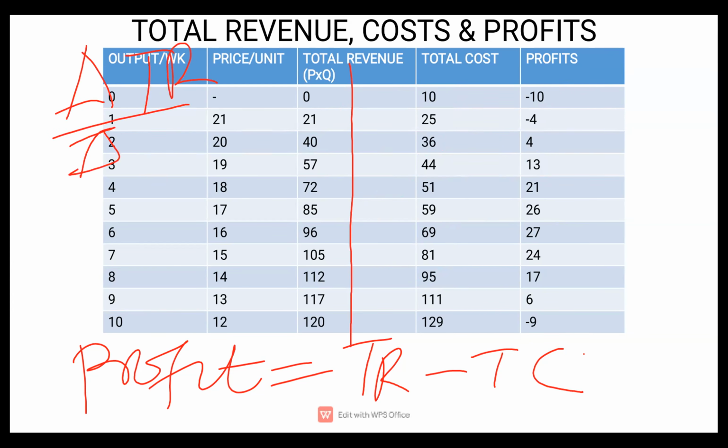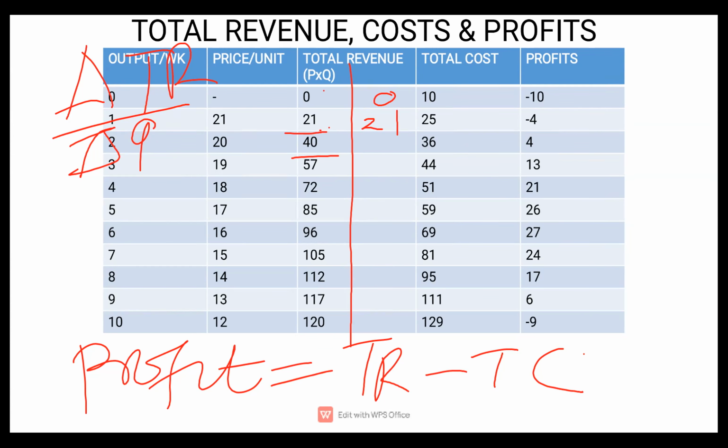So it is basically the change in what? Change in total revenue over the change in output. Total revenue, you see, this one. So the first one will be the first one. There has been no change in the first unit. So the second unit, 21 minus 0, giving us 21, or divided by 1 minus 0. That is 21, isn't it? Then the next one will be 40 minus 21. And that should be what? What will be the marginal cost?